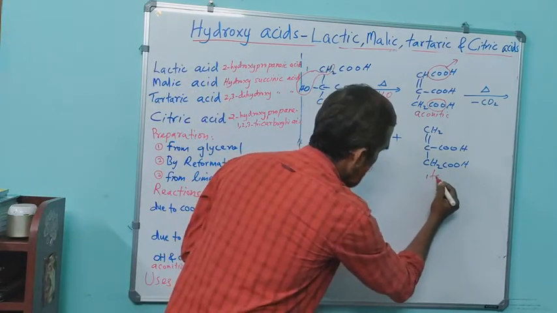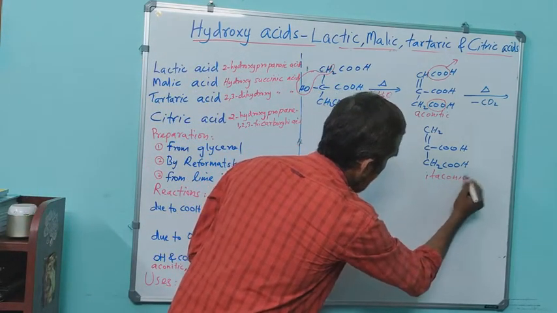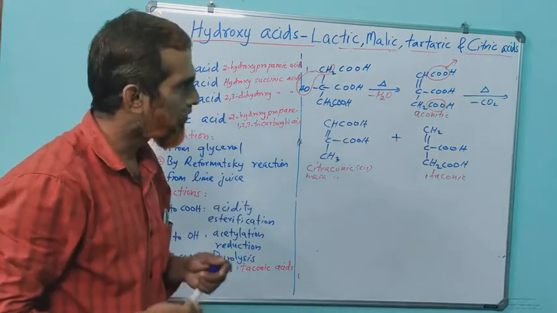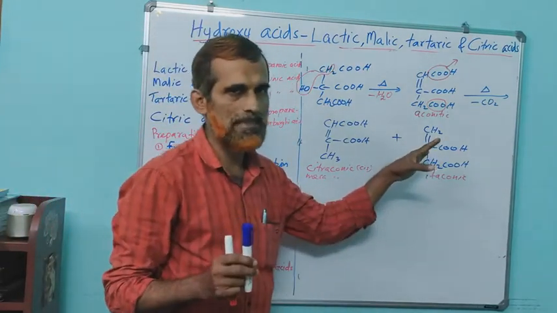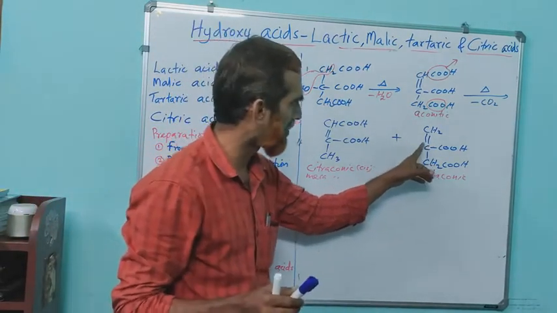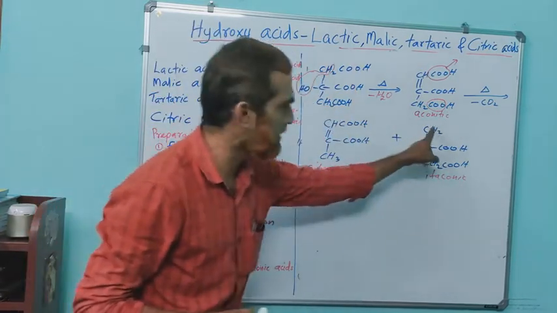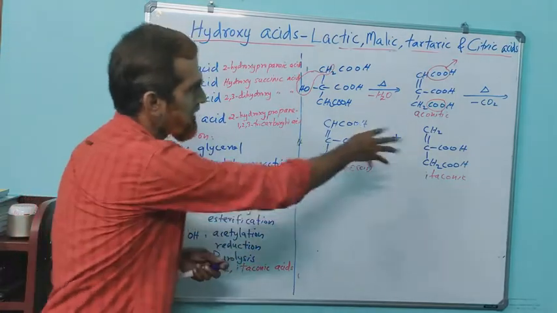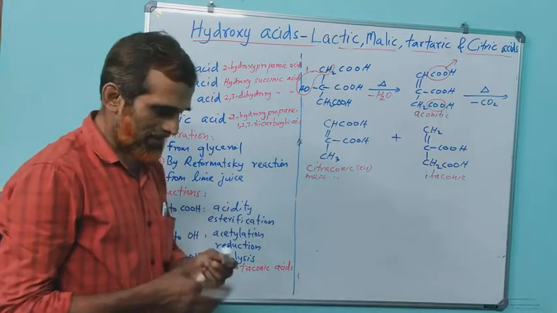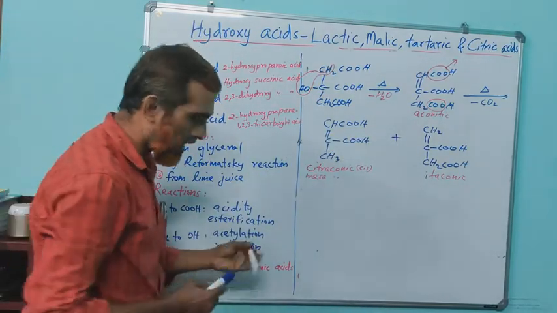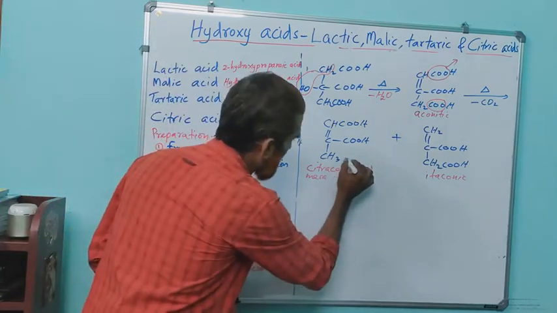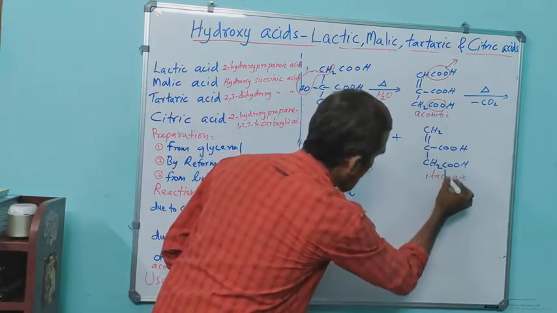Another one, itaconic acid. Okay, which doesn't have any cis-trans isomerism because these two groups are similar. CH2 here. Okay, so these are three products we got, and both of these can undergo further reaction.